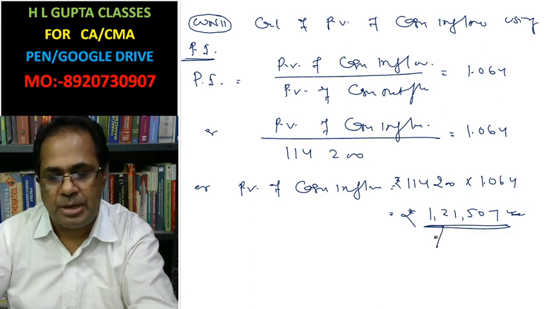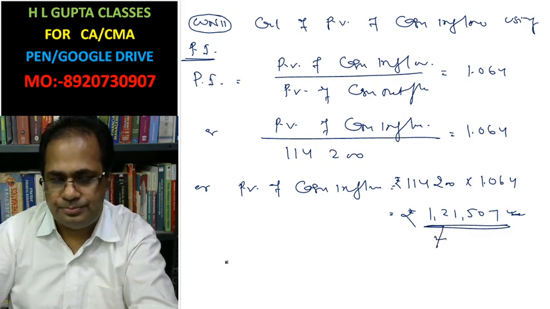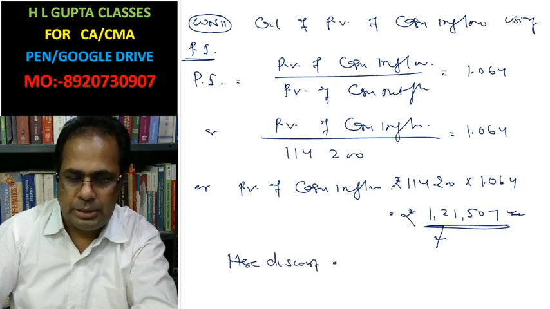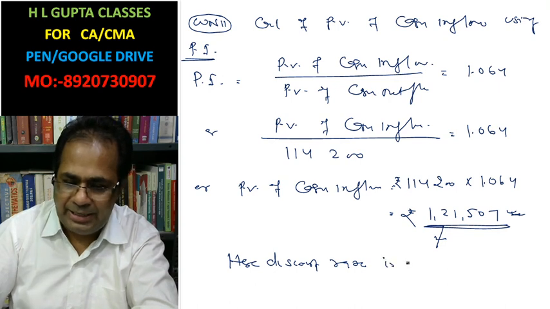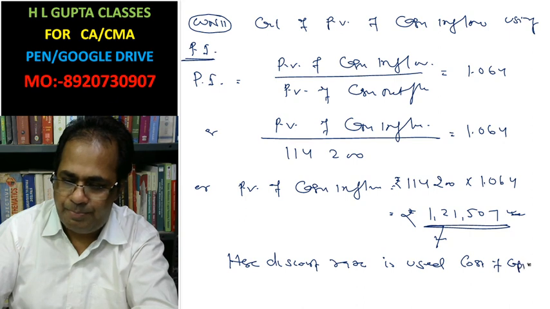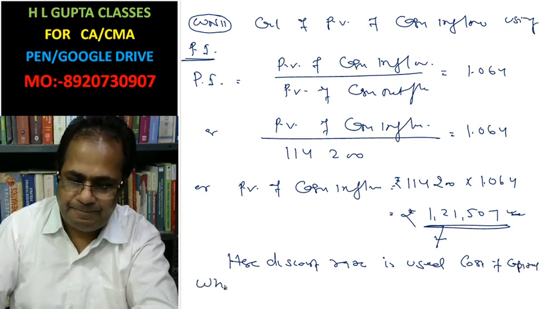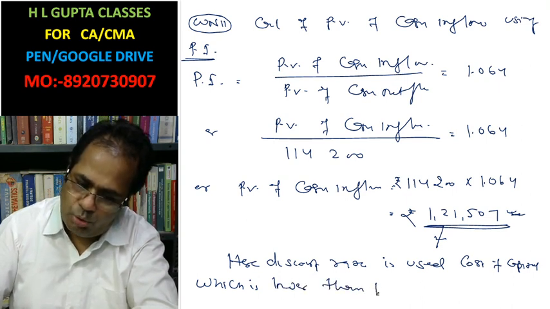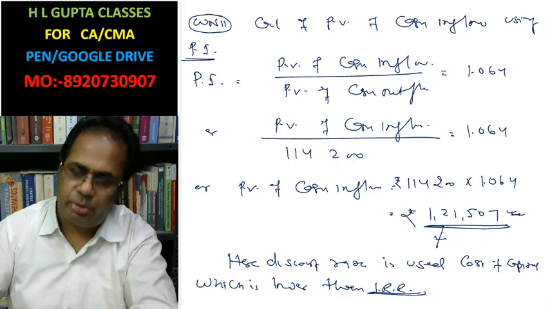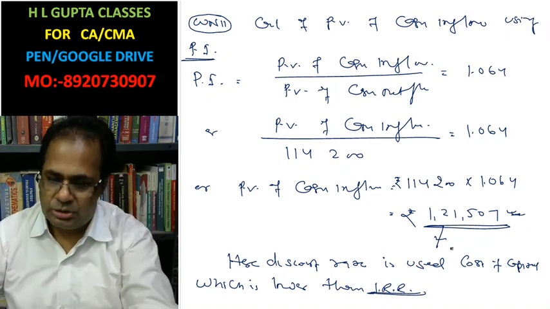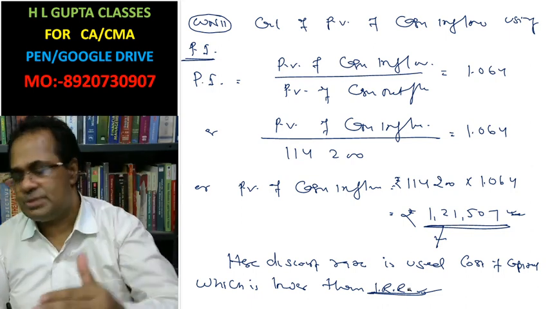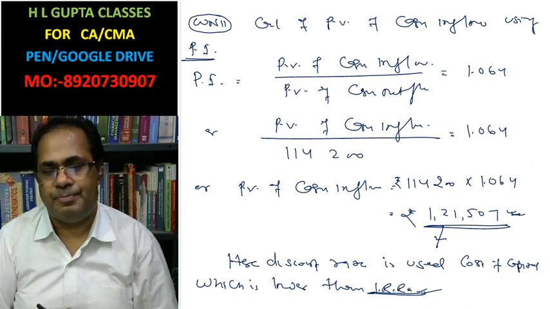Cost of capital you must keep in your mind, which is lower than IRR. That's why this present value of cash inflow is higher.